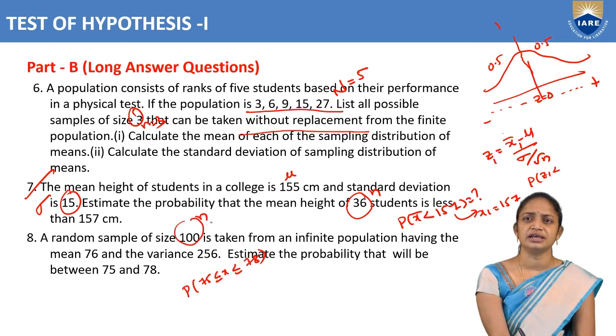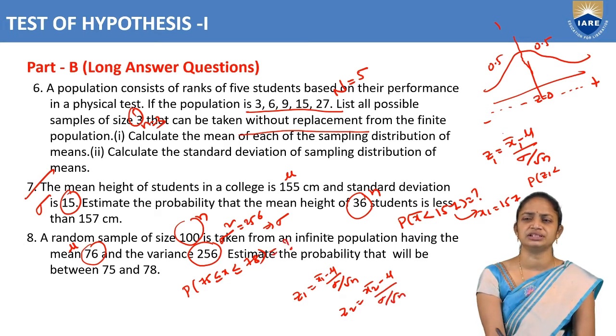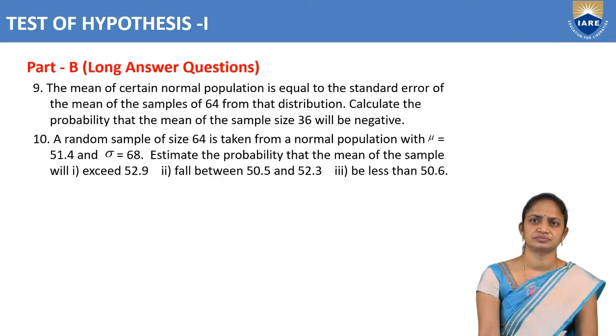So here n equal to 100, mu equal to 76 and variance sigma square equal to 256. From that we can find the sigma value. The formula is same here: z1 equal to x1 minus mu by sigma by root n and z2 equal to x2 minus mu by sigma by root n. We need to find this by using the normal curve.